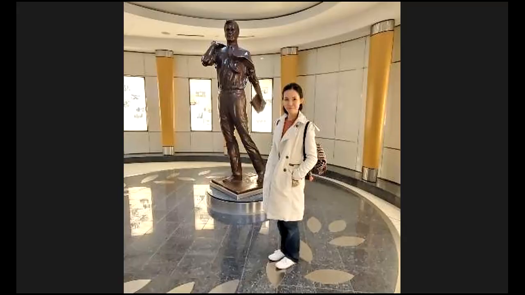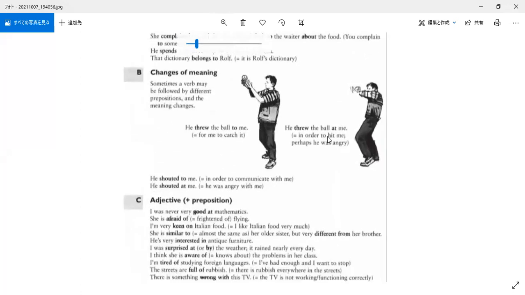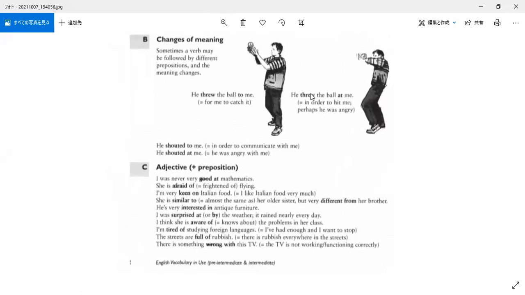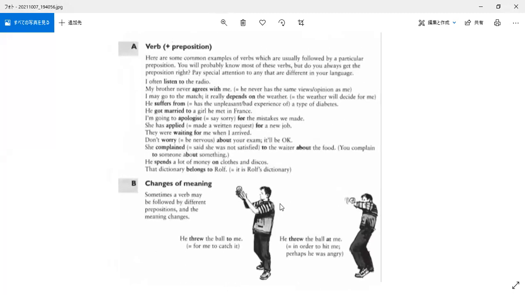Okay, what else is there? Adjective and preposition. We also learned about preposition, right? The in, on, at, if you still remember.